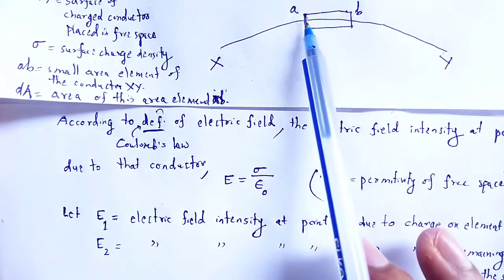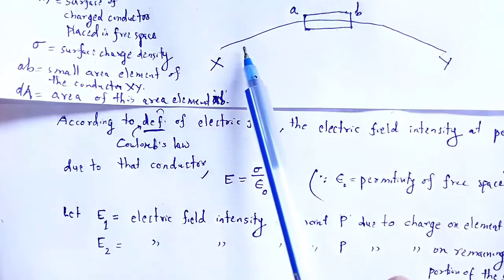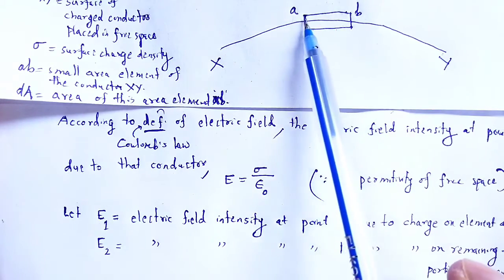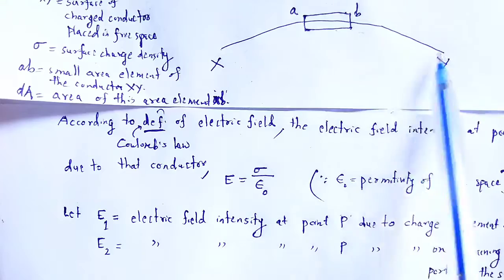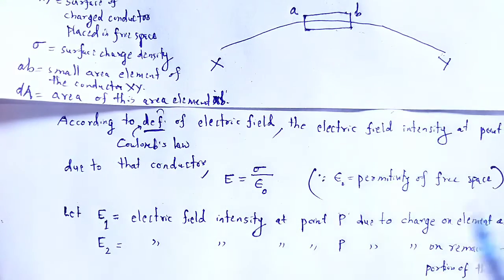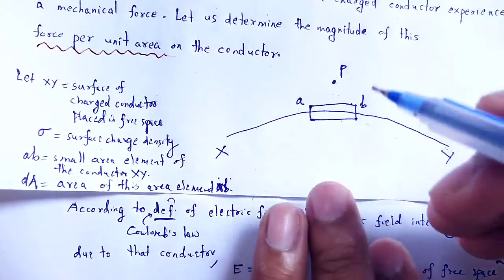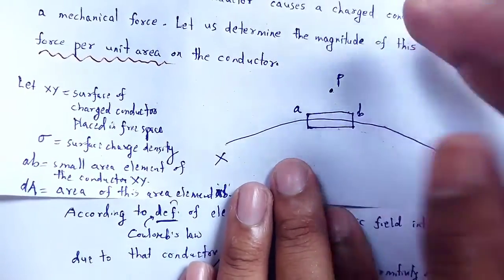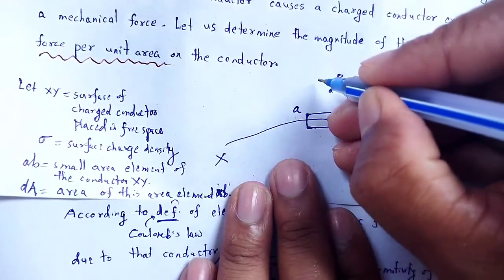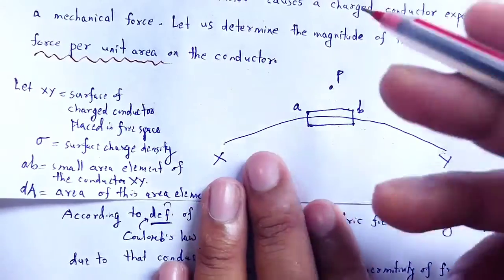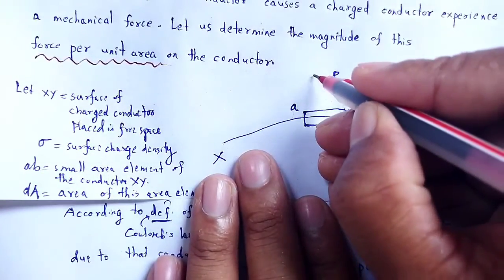E1 is due to the element AB, and E2 is due to the other section of the charged conductor.